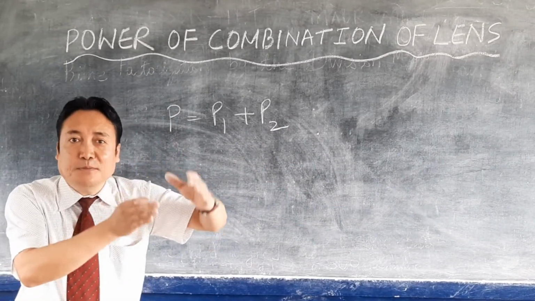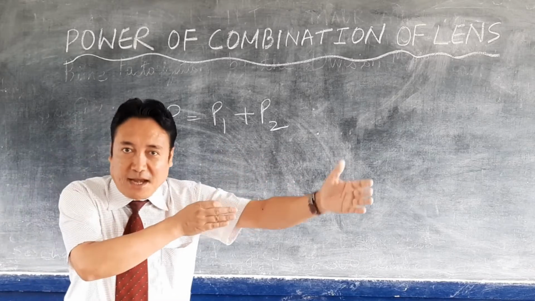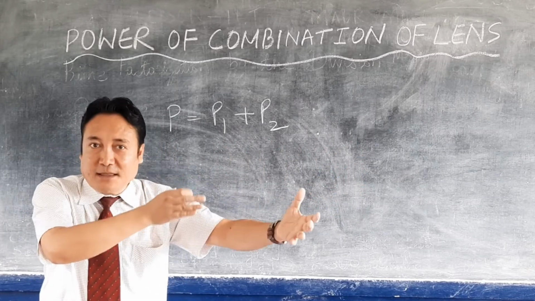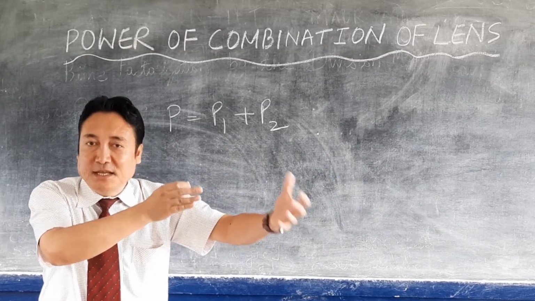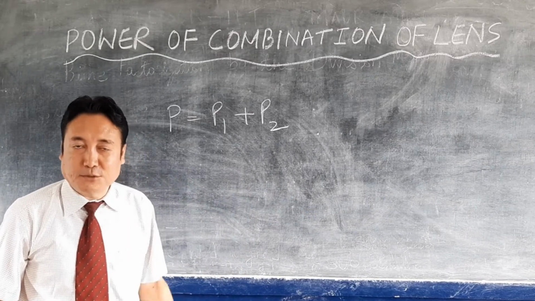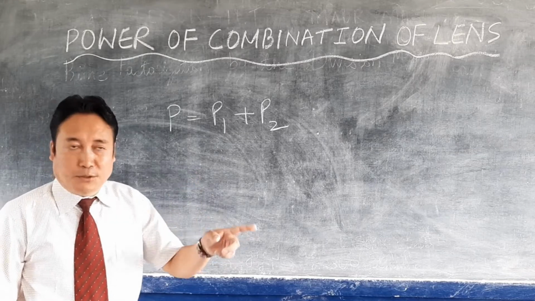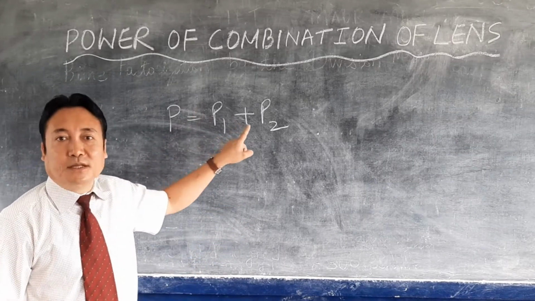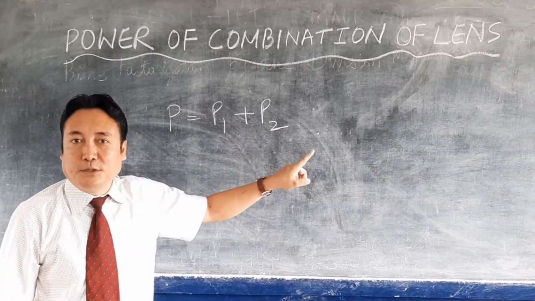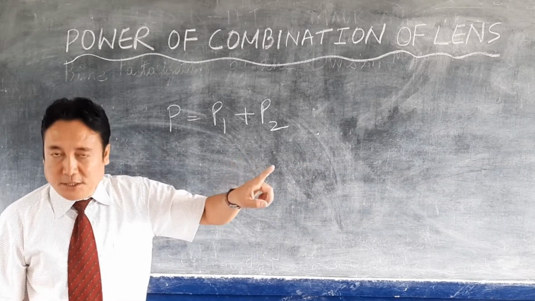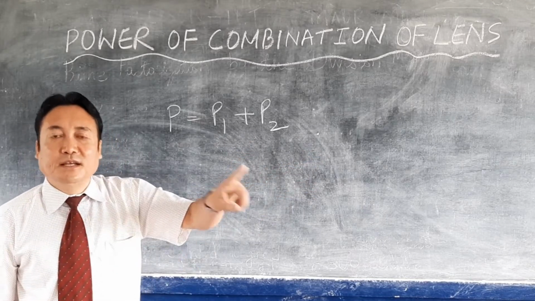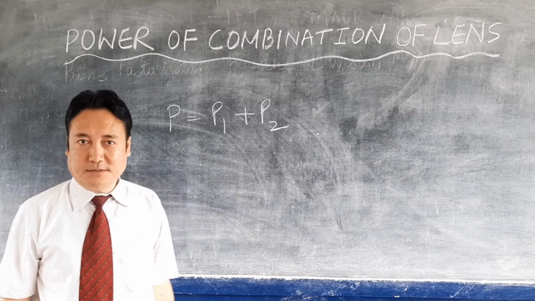That means the individual power of each lens you are adding, and that will give the resultant power.